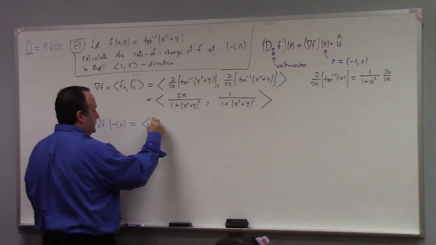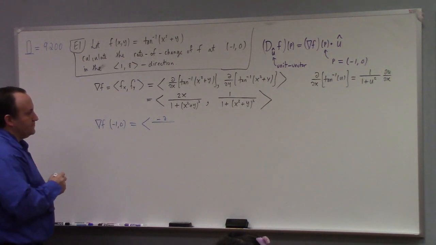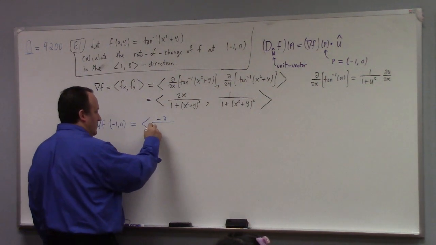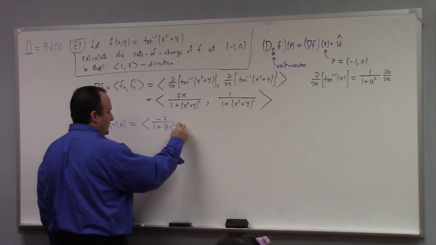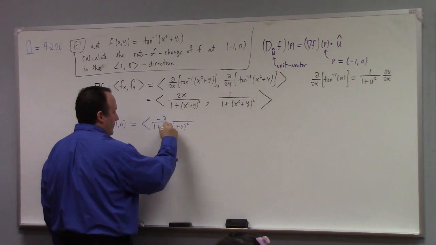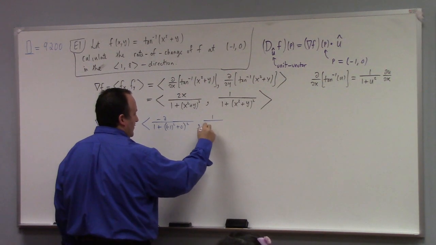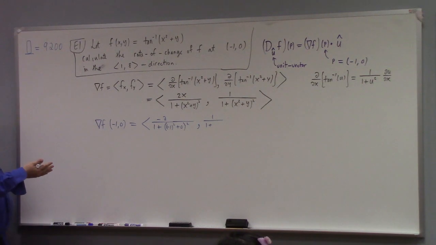So we've got minus 2 over what? 1 plus parentheses minus 1 squared plus 0 squared, right? 1 over 1 plus... and this time let me not write it out. That's 1 plus 1, right?